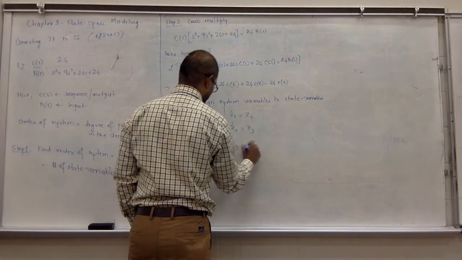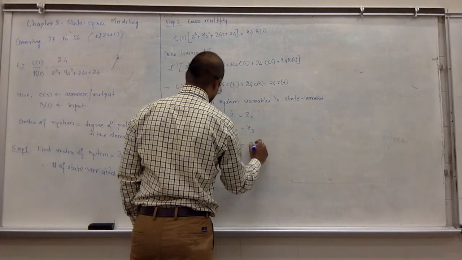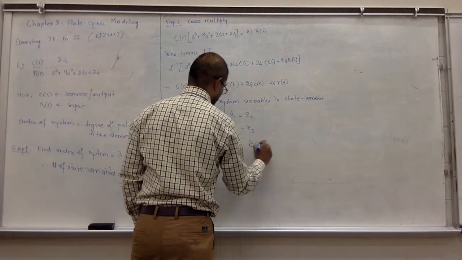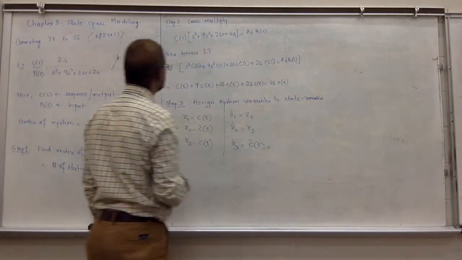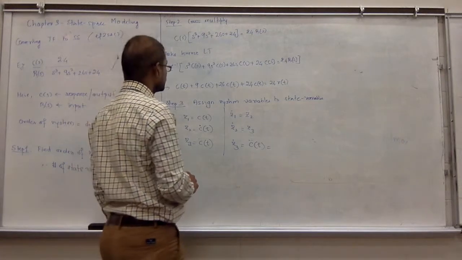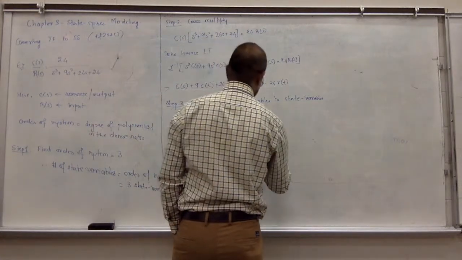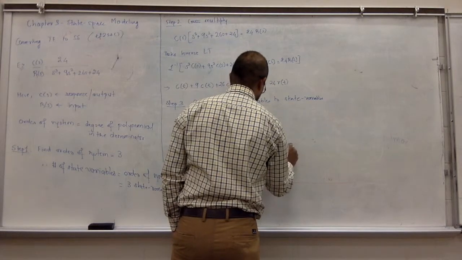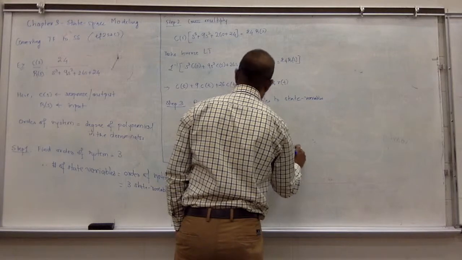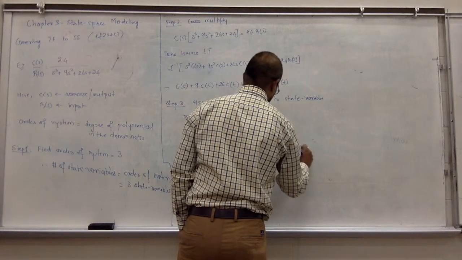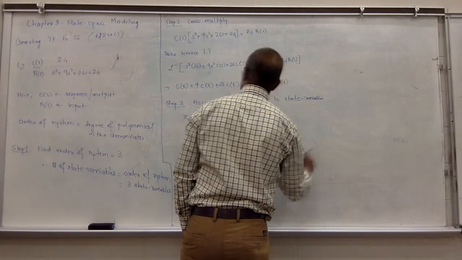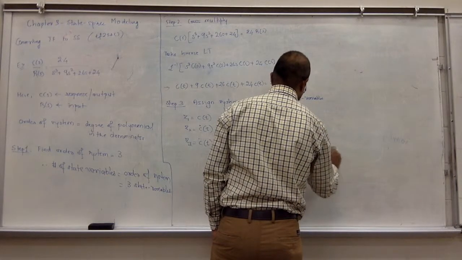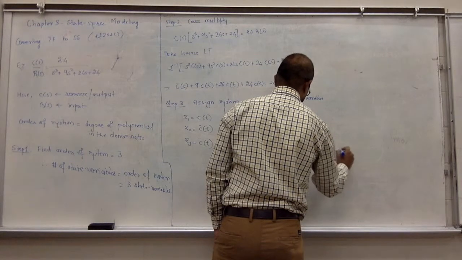Z3 dot is C triple dot, which is equal to minus 24 Z1 minus 26 Z2 minus 9 Z3 plus 24 R.